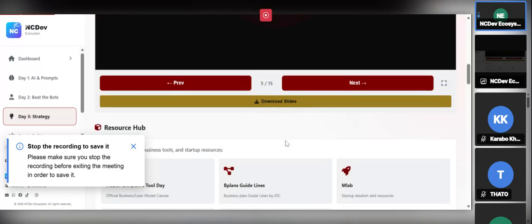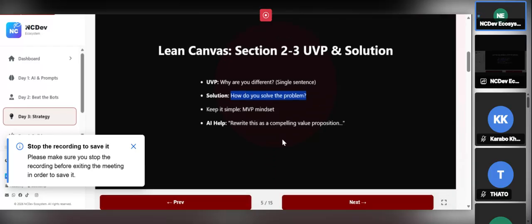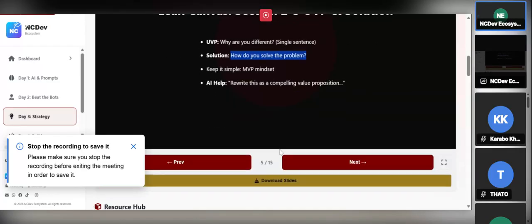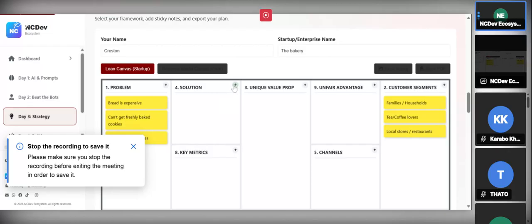So that is number three on our lean canvas model. Then the solution only comes in terms of how do you solve the problem now, and we also need to keep it simple. We mustn't complicate our solutions. So when we talk about the MVP, we are talking about a minimum viable product, right?